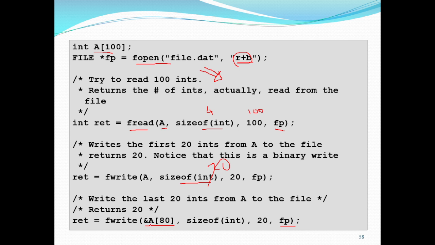That's why we are starting from 80, and we are basically trying to write from 80 to 99. That means we are writing the final 20 integers to the file. That's why fread and fwrite functions are used in binary.